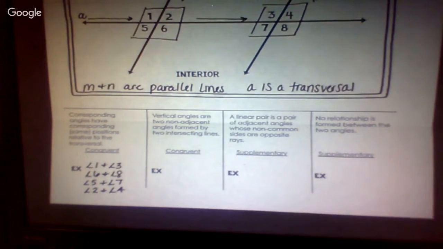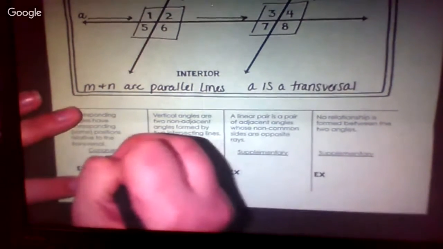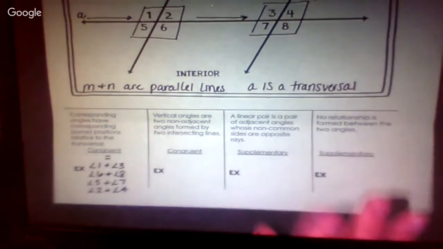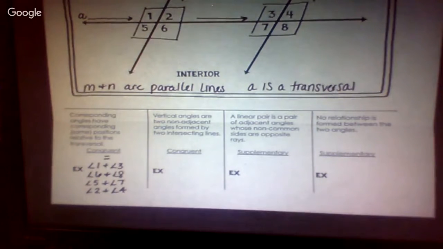They have to be in the same position. And again, corresponding angles are congruent, which means each one of these are equal to each other. So if angle 1 is 60 degrees, angle 3 is 60 degrees. If angle 5 is 120, angle 7 is 120. Your corresponding angles are congruent.